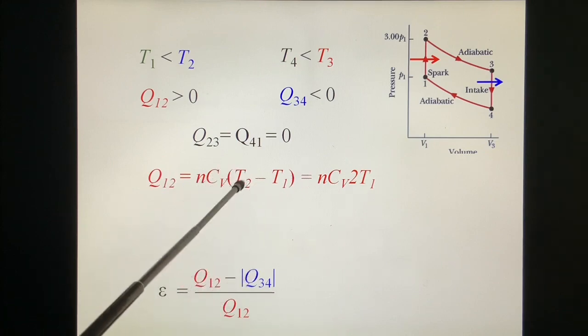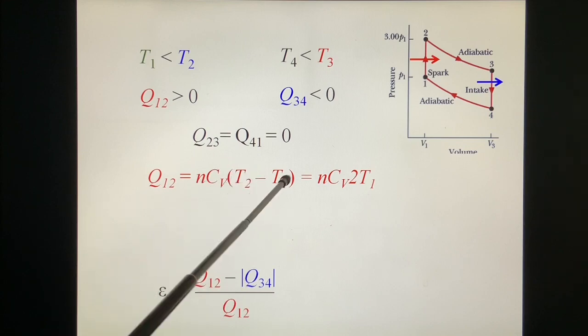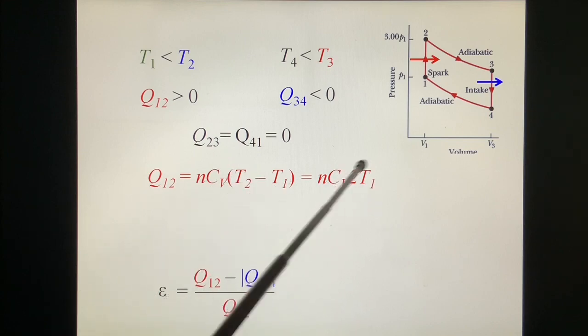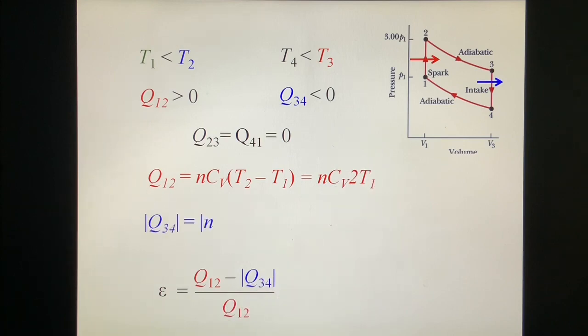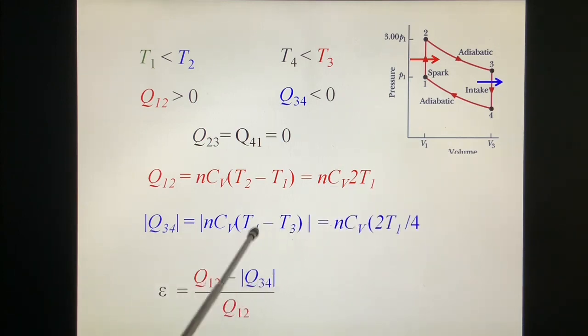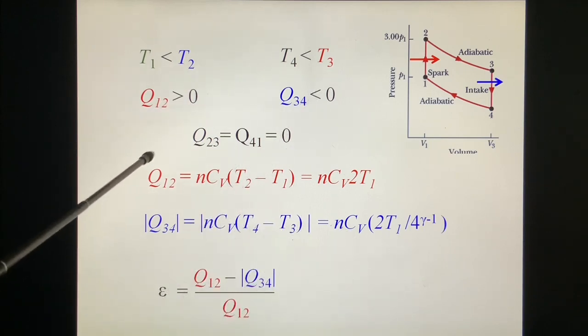We know T2 is 3 T1, so this equals 2 T1. And Q34 is negative, equal to n Cv times T4 minus T3. T4 is less than T3. Then we put T3 and T4 inside, put the pieces in, and we get the answer.